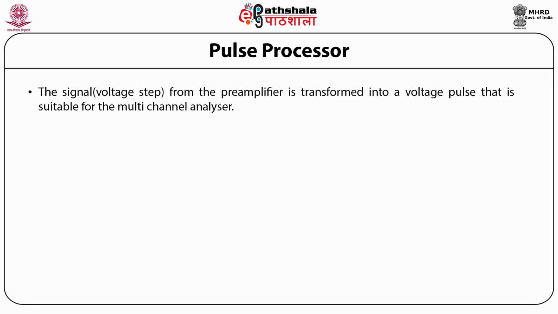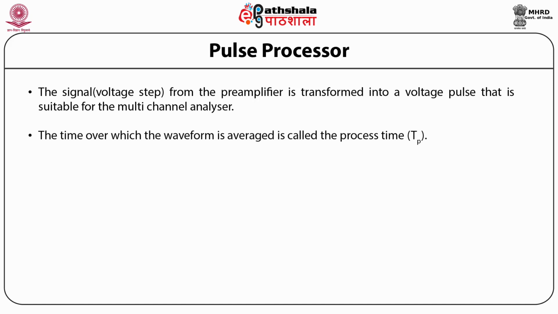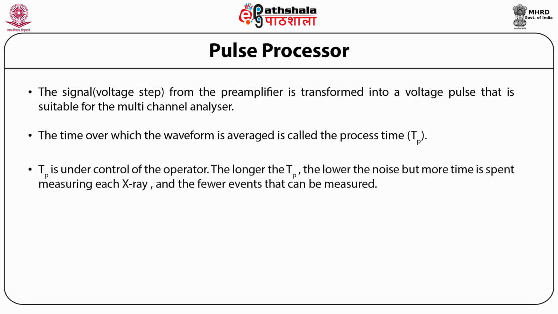The signal or the voltage step from the preamplifier is transformed into a voltage pulse that is suitable for the multi-channel analyzer. The time over which the waveform is averaged is called the process time, or we write it TP. TP is under control of the operator.